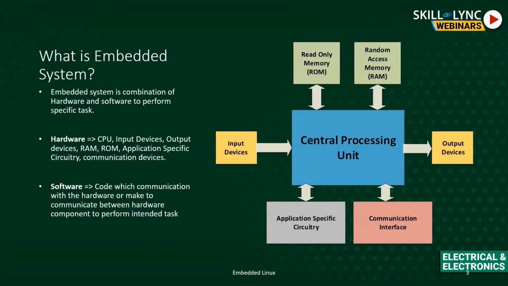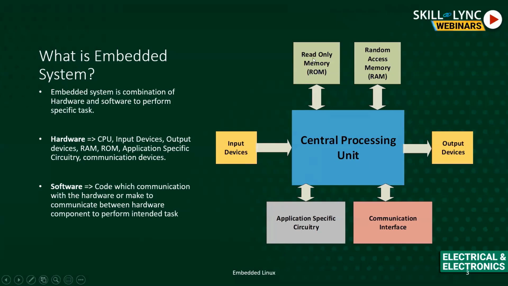So what is an embedded system in general? Before moving into Linux-based embedded systems and the concepts of embedded Linux, let's try to understand what exactly an embedded system is. If you take any embedded system, we have a unit called the central processing unit, the CPU. We have input devices connected to it to get some kind of input, and output devices to show the output that we have processed using the CPU.